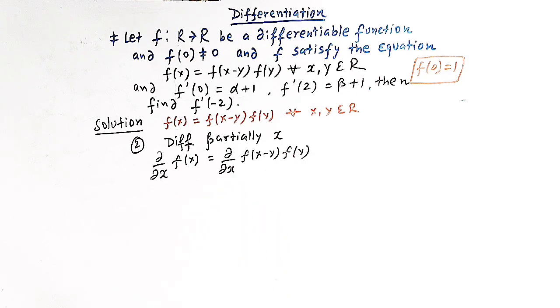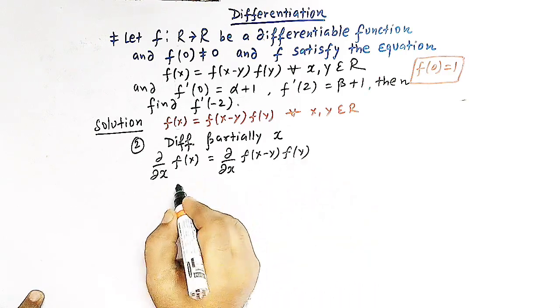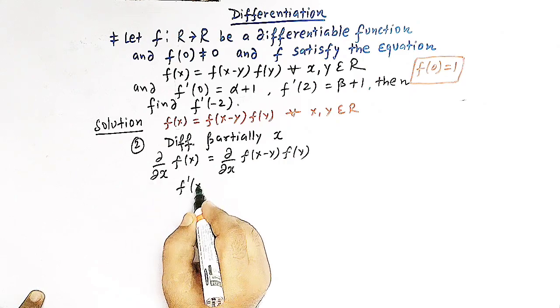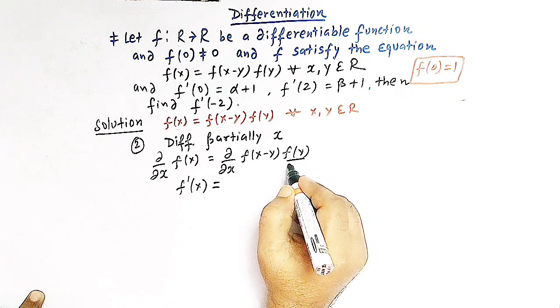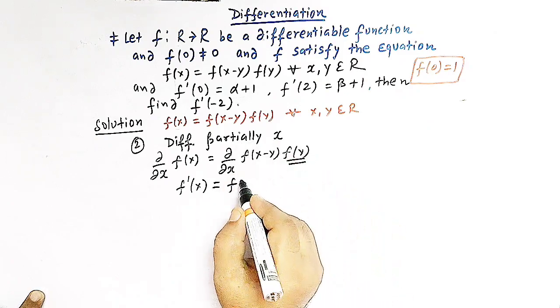So when we take the partial derivative, then we can treat this y as a constant. So here we have the derivative of f of x, so this is f prime of x, and here f of y is a constant because we are differentiating with respect to x.